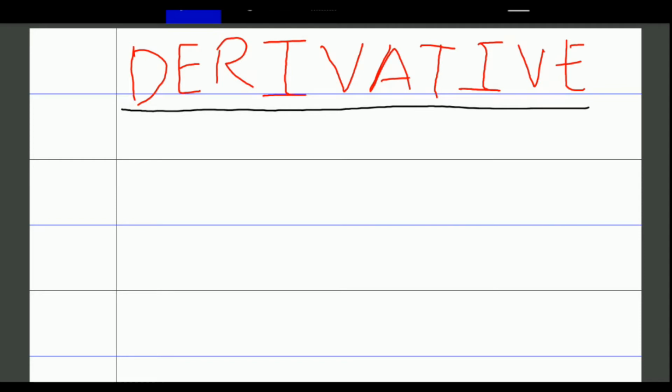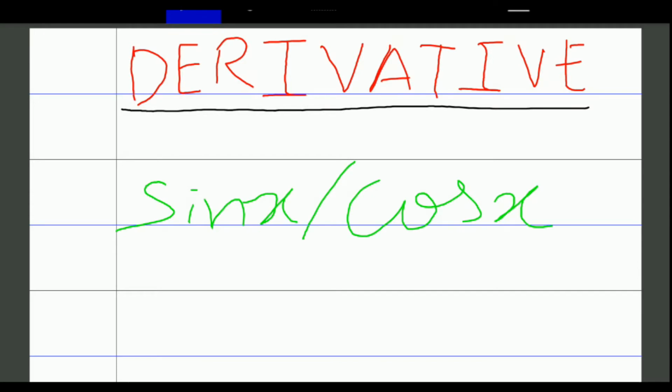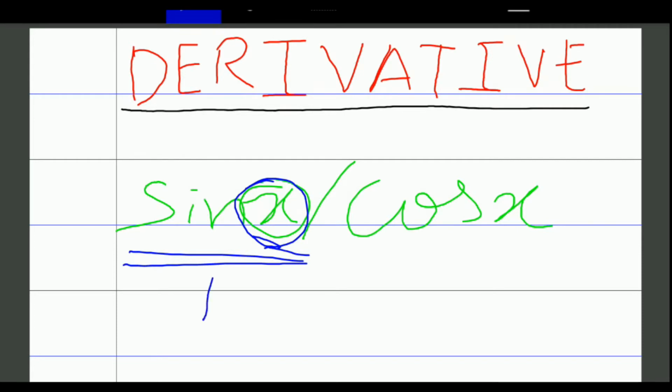As we derived earlier, sin x cos x, this x also gets derived when sin x is derived, as after derivation this x becomes 1, so it is not included in the answers.